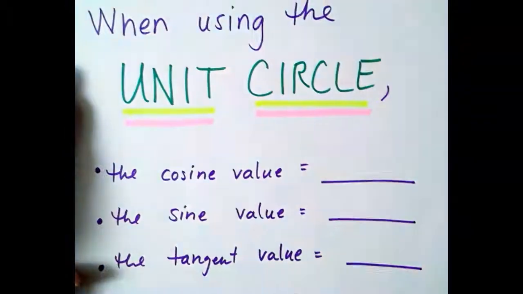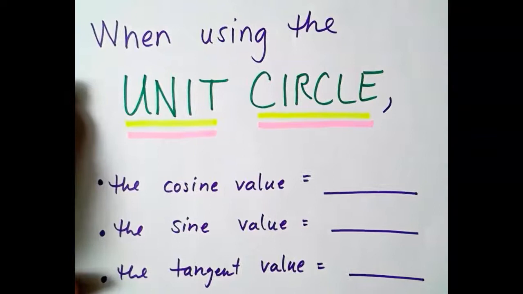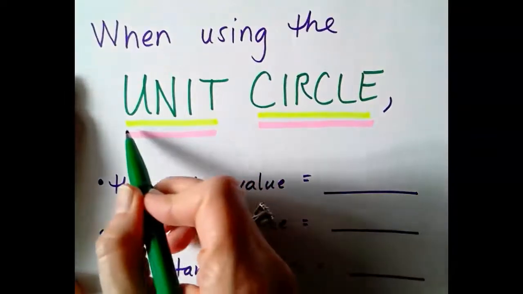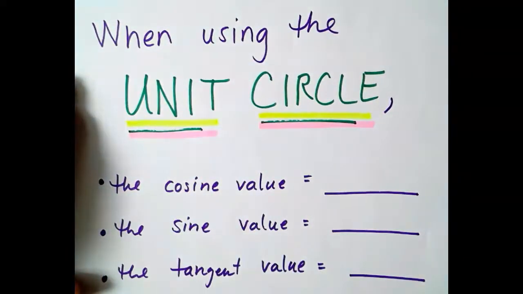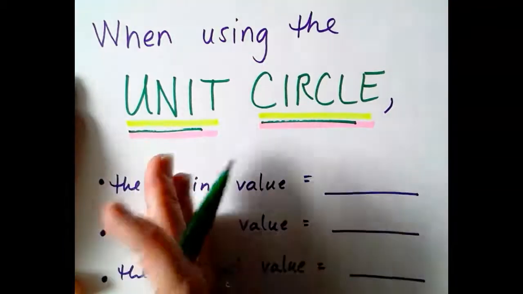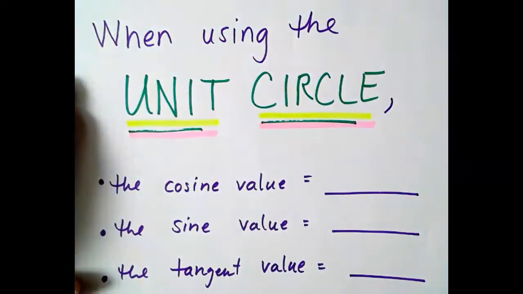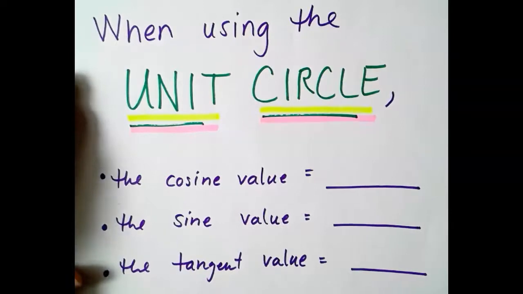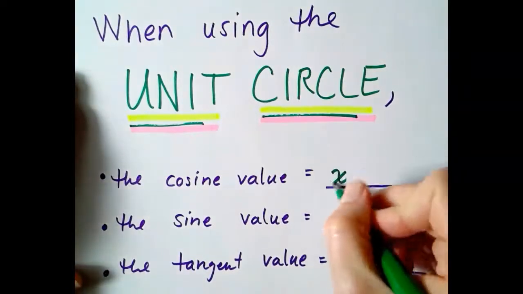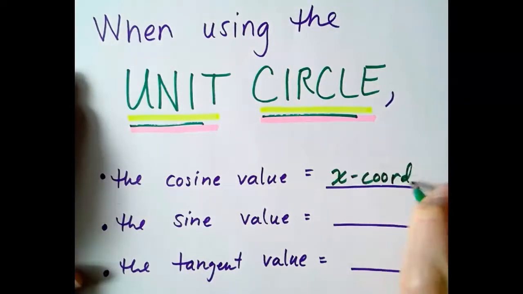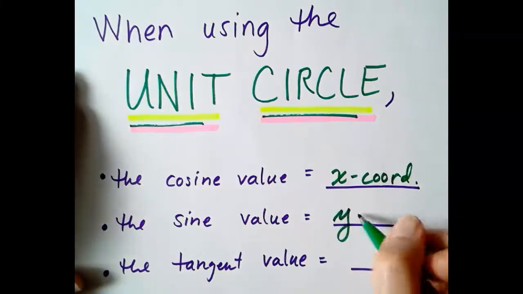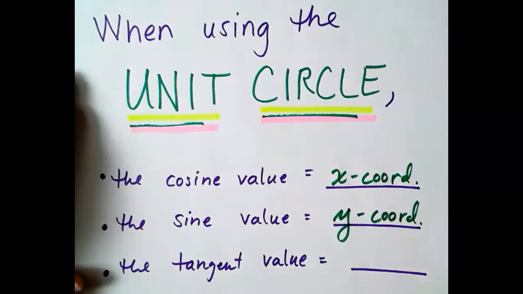So here we go. When using the unit circle, and yes, I'm super ridiculously highlighting the fact that this only applies to the unit circle, the cosine value is the same as the x coordinate. The sine value is the same as the y coordinate.